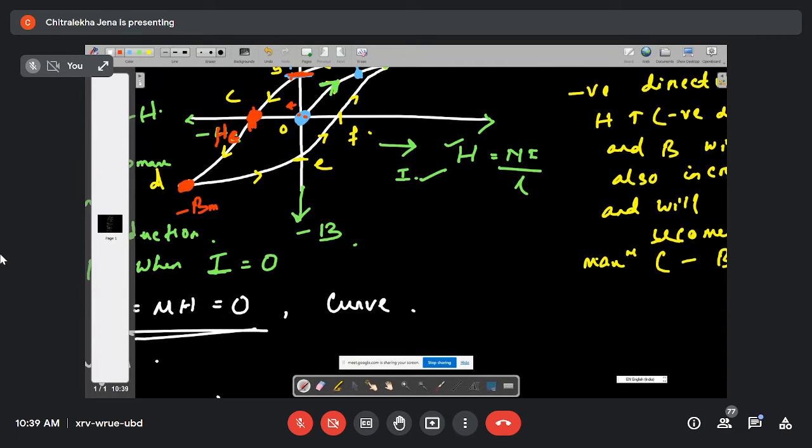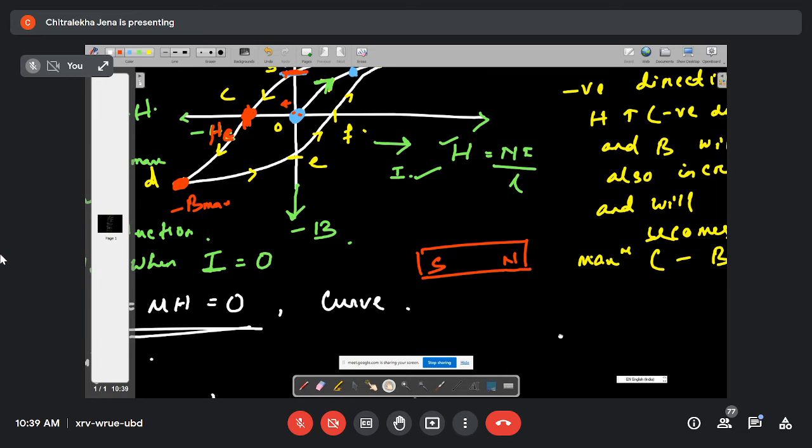Minus B maximum means the poles get reversed. Here this one will be your south pole. This one will be your north pole. Yes or no? Got it? Can you show the sixth point?